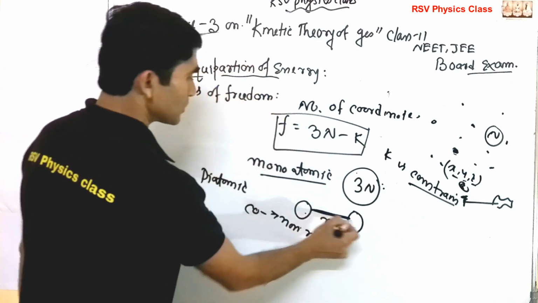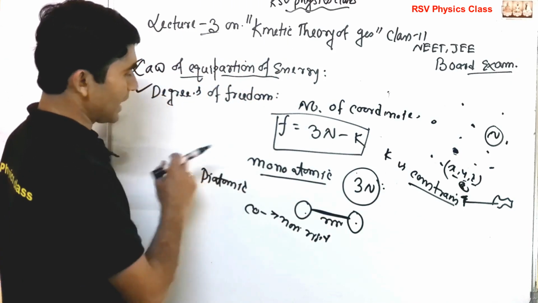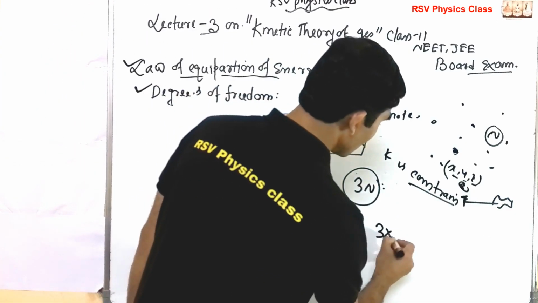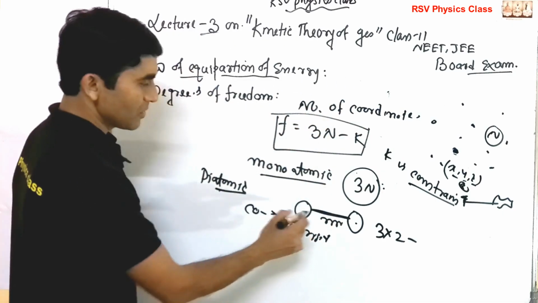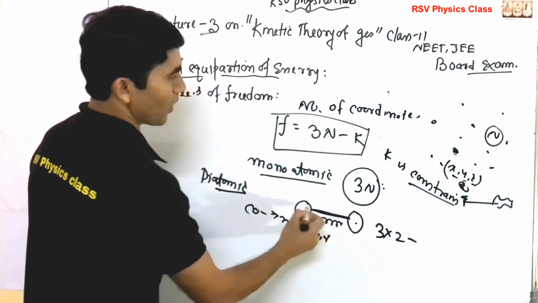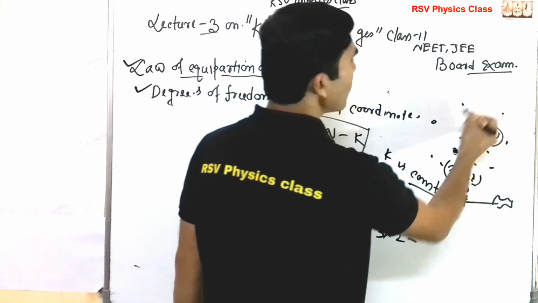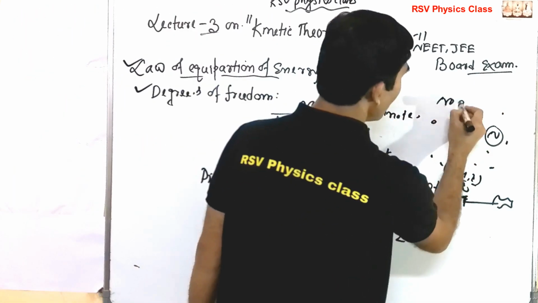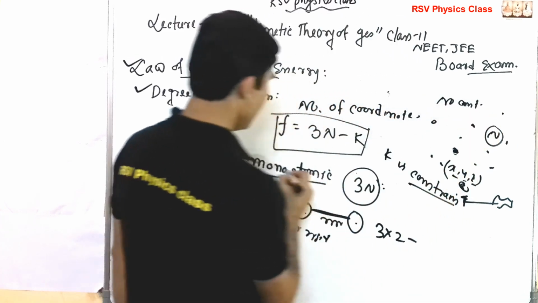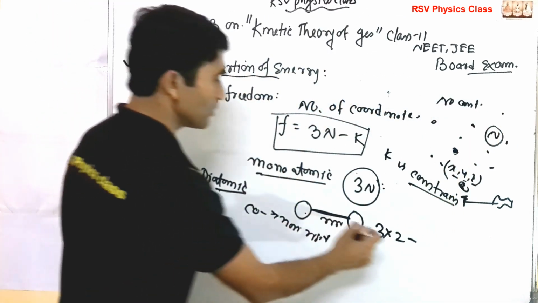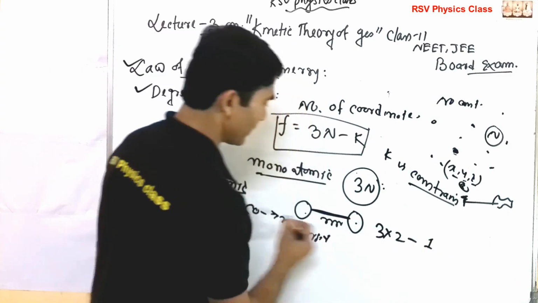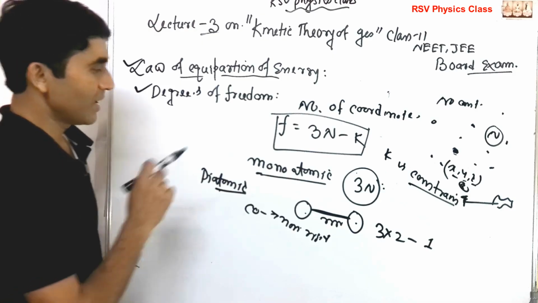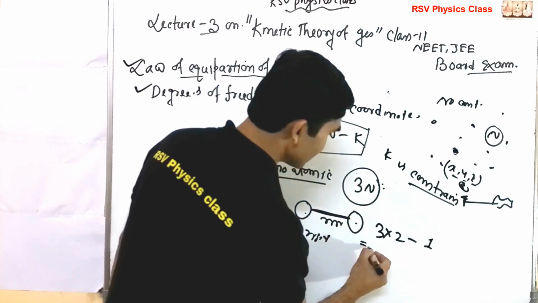For a diatomic molecule, degrees of freedom will be 3 into 2, and the constant is the bond between them. All molecules are free, so there is no constant for a monoatomic molecule. For a diatomic molecule there is a constant of 1, tied by a thread. So degrees of freedom is 5.